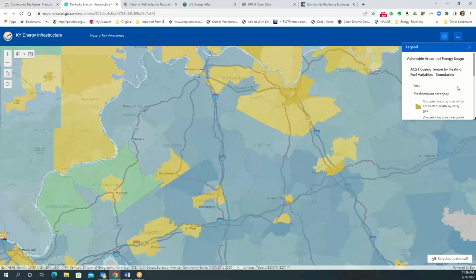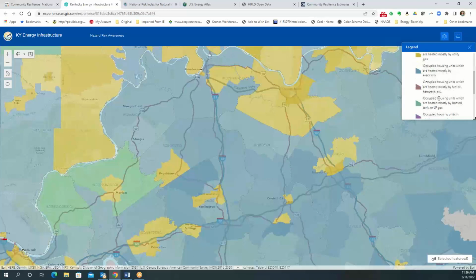Yellow are occupied housing units which are heated mostly by gas. Blue is electricity, and the shading is the degree of increase, meaning the darker areas have more of that particular fuel. And then green is propane.